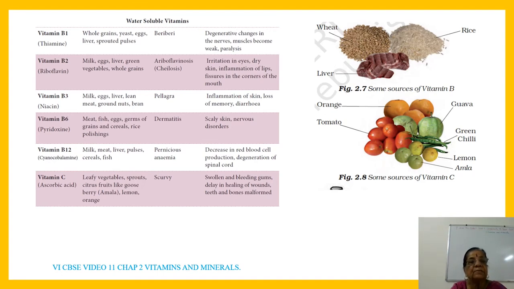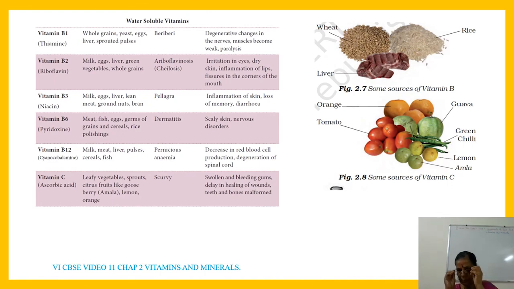So I repeat, B1 thiamine, B2 riboflavin, B3 niacin, B6 pyridoxine and B12 cyanocobalamin, and vitamin C, it is ascorbic acid. Go through the names and spelling, recollect the order. Go through the slide and recall the order. You should know the spelling.